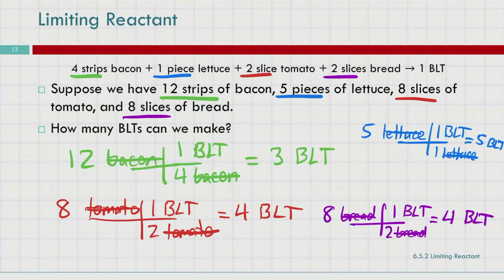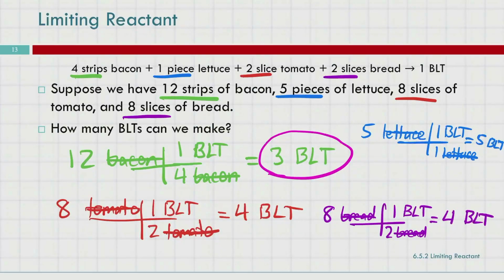Which of these is the actual number of BLTs that we can make? The actual number of BLTs that we can make is 3. So for each of these calculations, we're ignoring all of the other reactants, all of our other ingredients. We're just saying, all right, well, if we have enough of everything else, how many can we make?